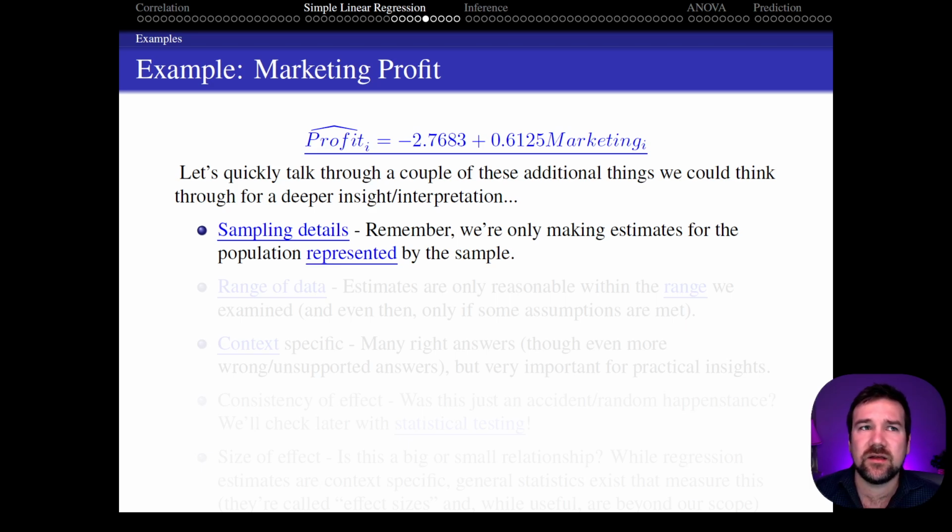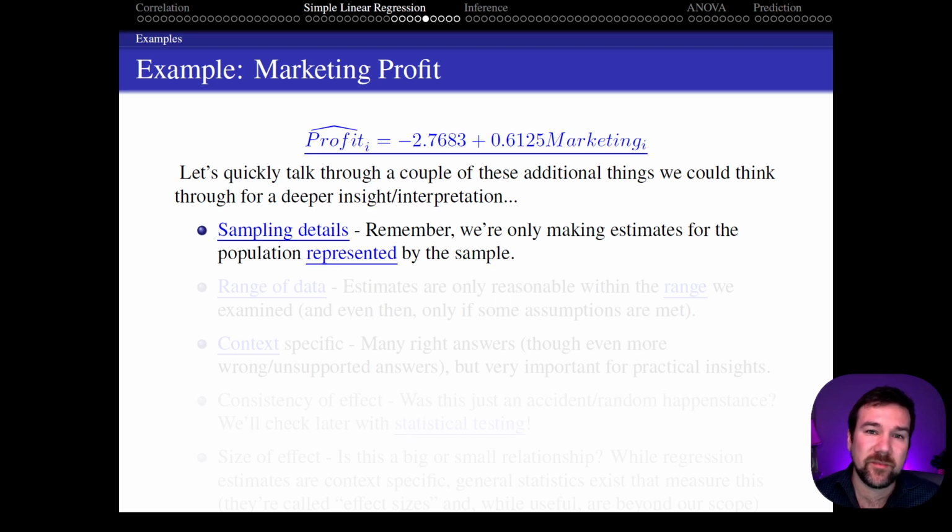So you have to be careful that your sample is representing who you want to make your conclusions about, no matter what context you're in and no matter what study you're doing and no matter what analysis you're conducting. Experimental design doesn't save you here.